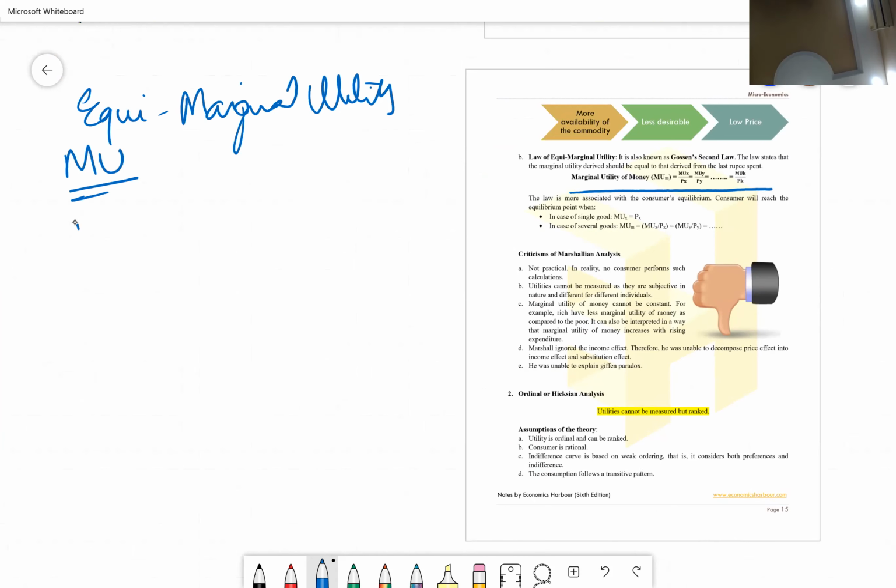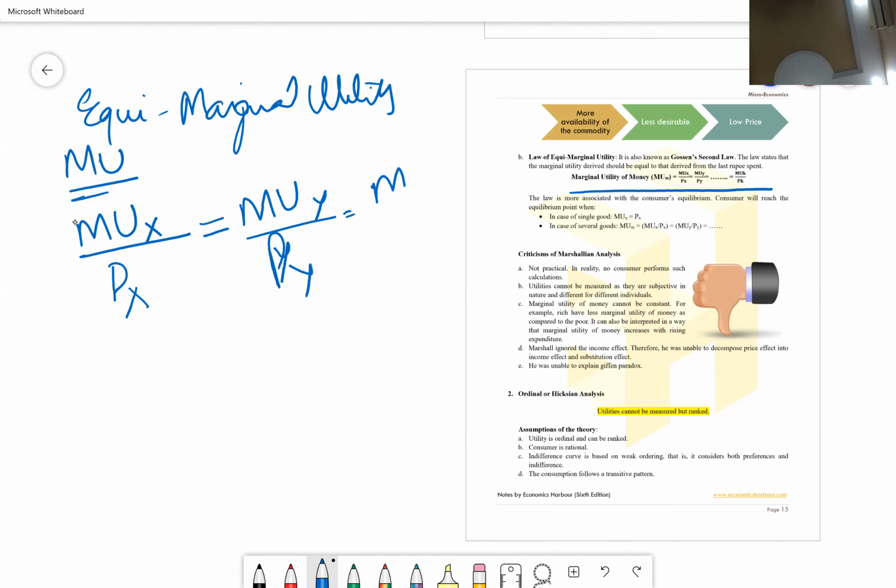Mathematically, marginal utility divided by price of X should be equal to marginal utility divided by price of Y, and so on. So this law definitely assists in identifying consumer equilibrium.